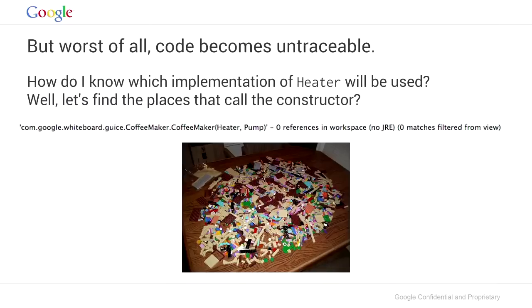Not the friendliest experience. But worst of all, and this is the same problem that Spring had, the code becomes untraceable. How do you know which implementation of heater is going to be used? Now you have to go track down a binding. Tracking down a binding feels like getting a big pile of Legos, somebody saying, okay, there's a house, you figure out how it was put together.